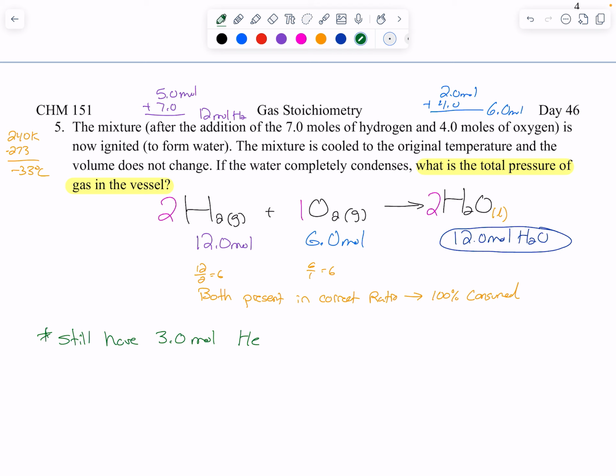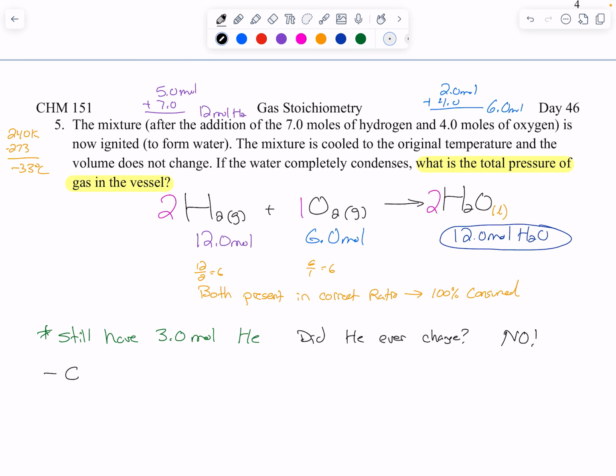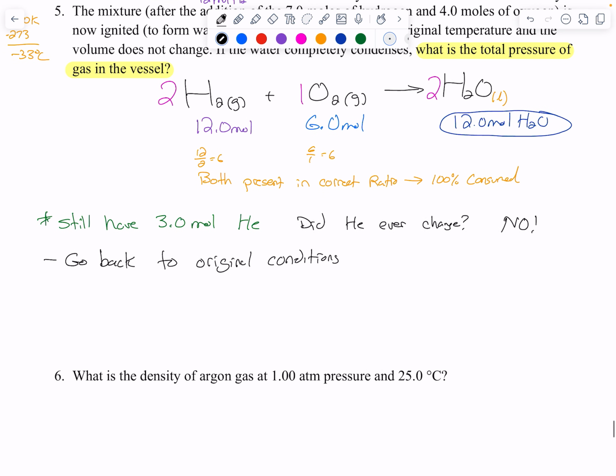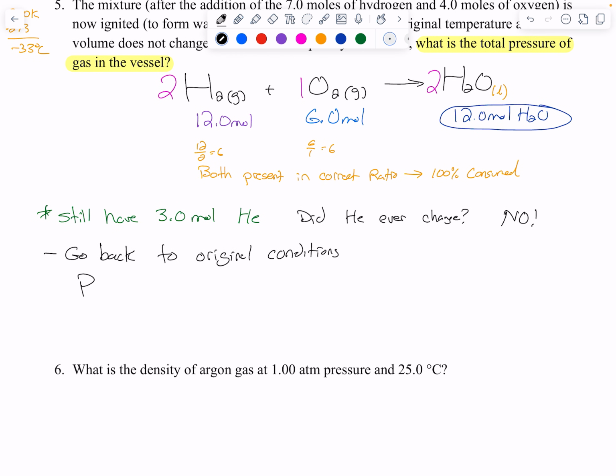Now, did helium ever change? And that answer is no. We didn't add any helium. We didn't subtract any helium. So we can go back to the original. The pressure of helium is the mole fraction of helium times total pressure.